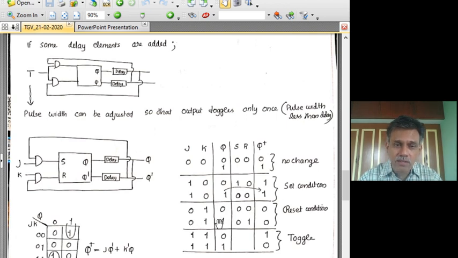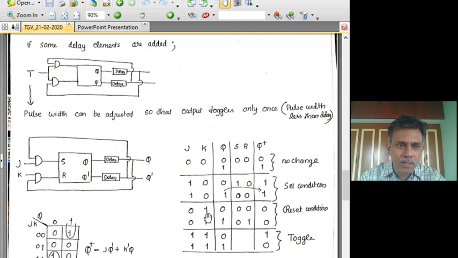We will also look at this other case when J is equal to 0, K is equal to 1, and two possible values of Q, 0 and 1. So J equal to 0, the moment it is 0, S will be 0. So you can immediately fill these two places as 0, 0 because J is 0. And how about K?